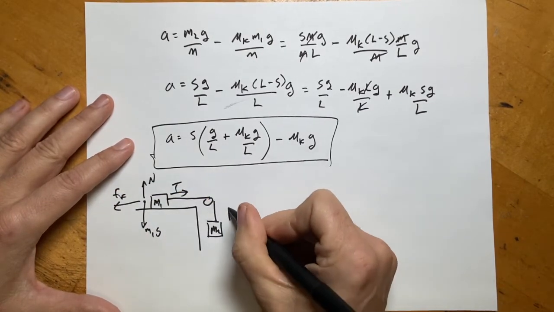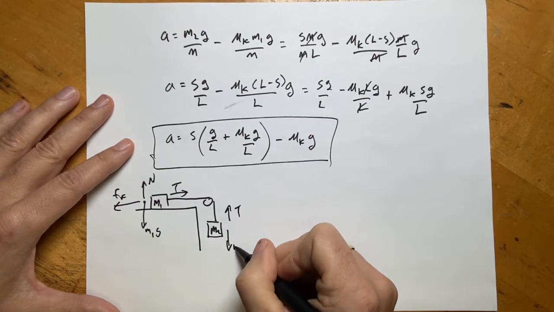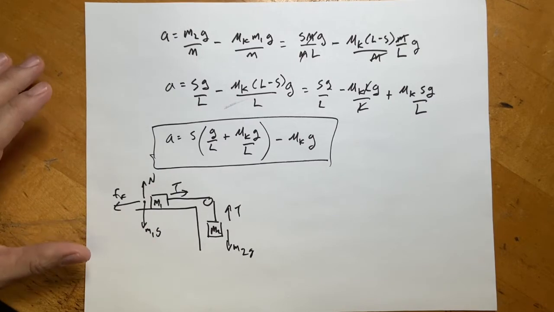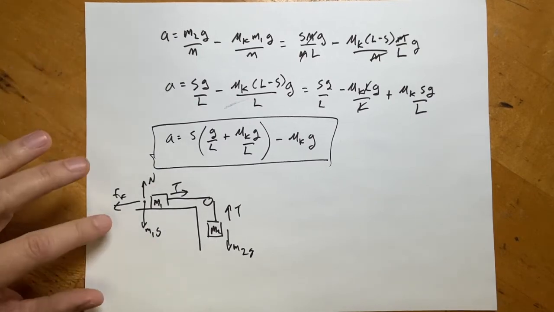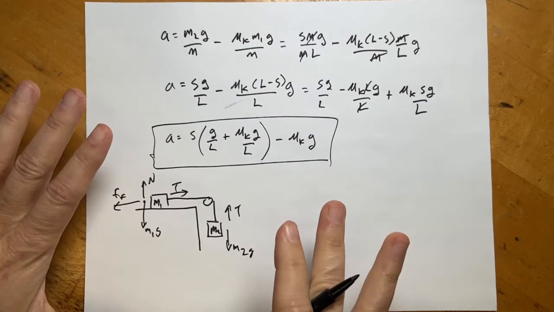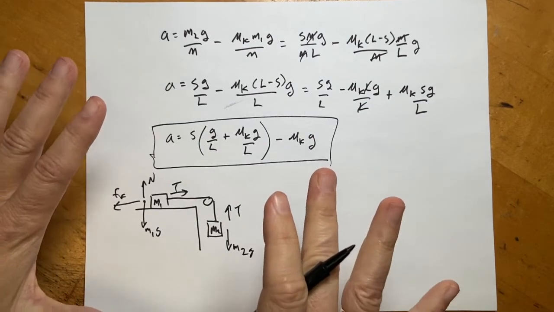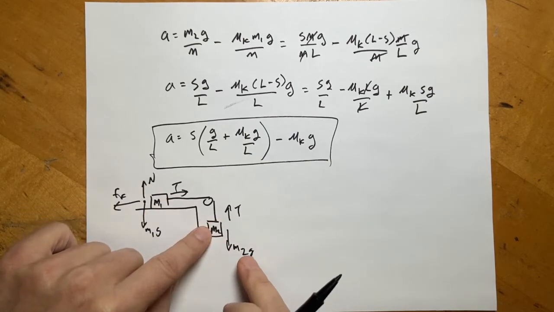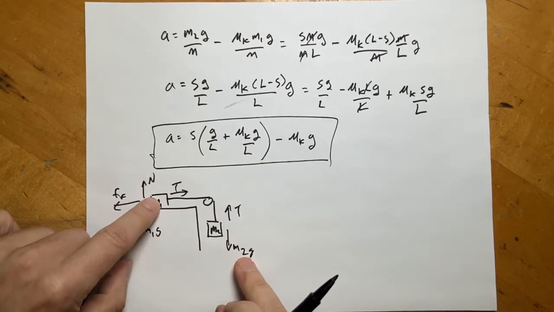And on this one I have tension, and then M2G. I've left off the vector signs because it's kind of a weird situation where things are moving in really just one dimension.